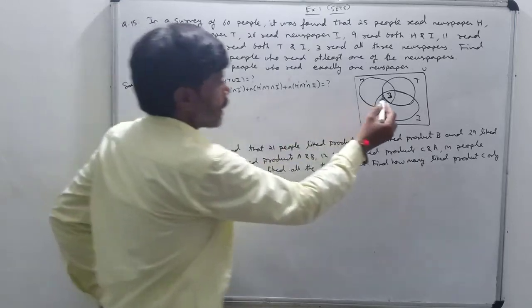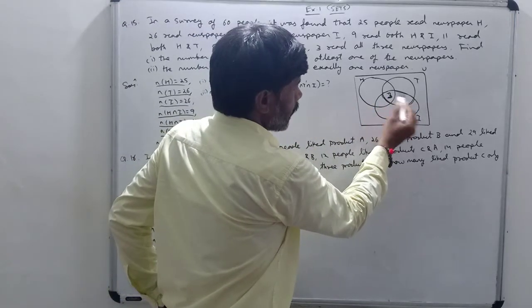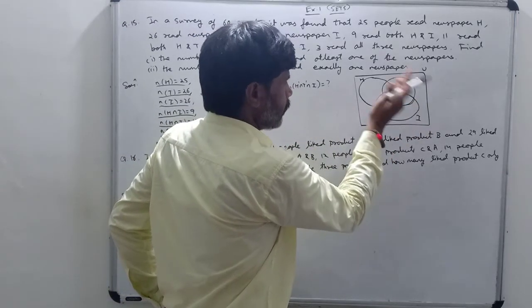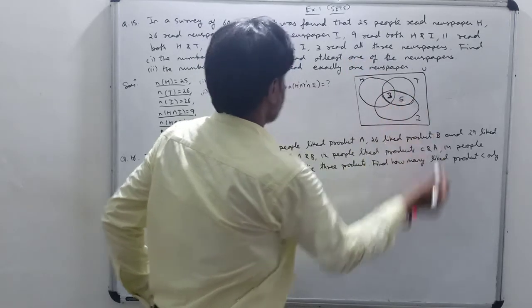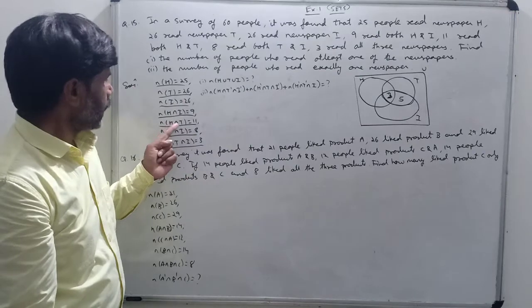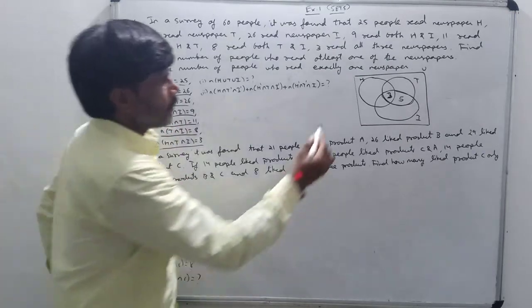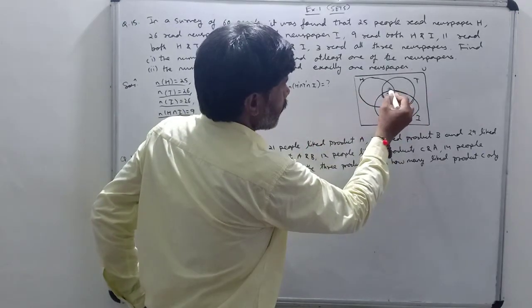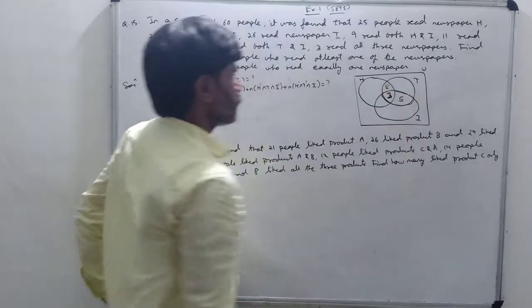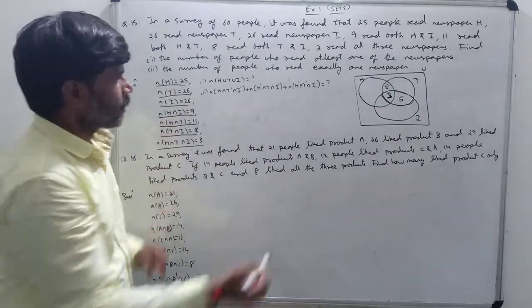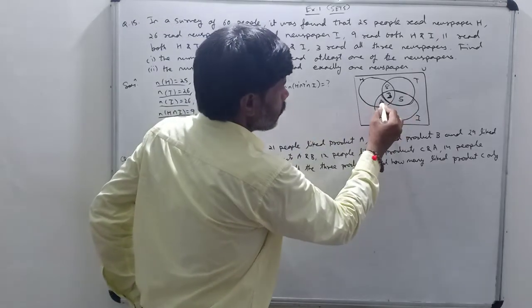Total is 8, and out of 8, some may be reading newspaper H also. So 8 minus 3, 5. Then H intersection T, 11. 11 minus 3, same concept, same reason, 8. Then 9. So 9 minus 3, here it will be 6. I hope you all are following.